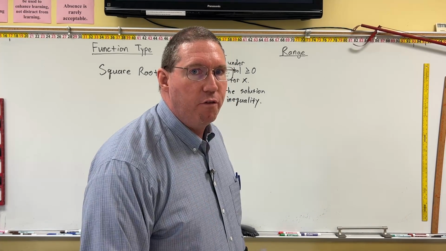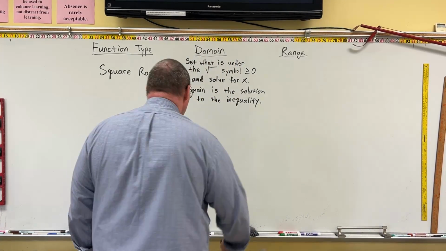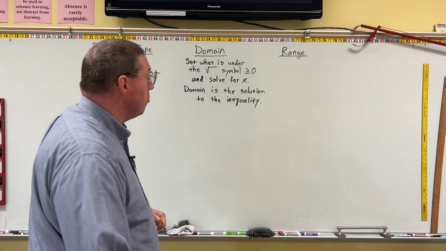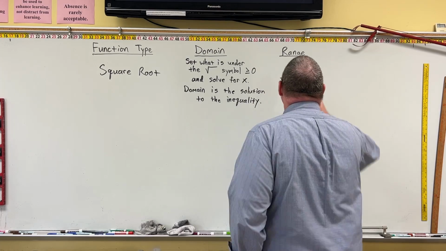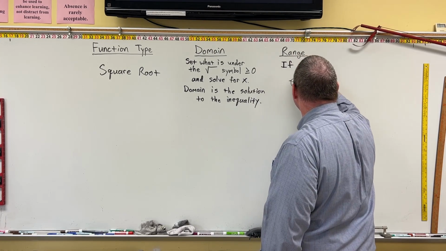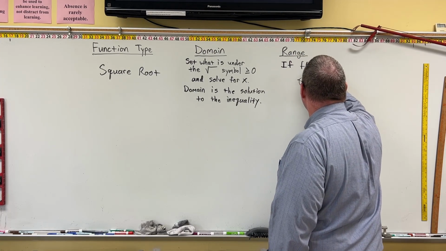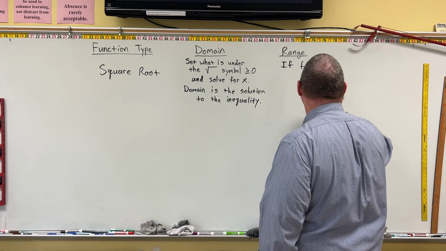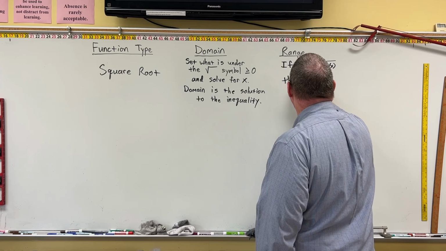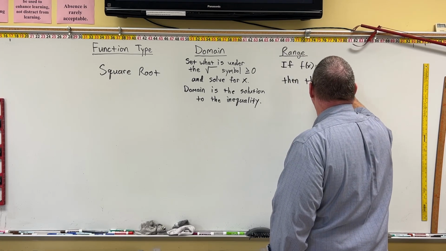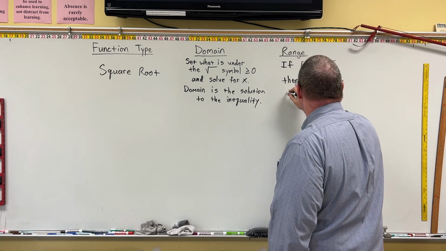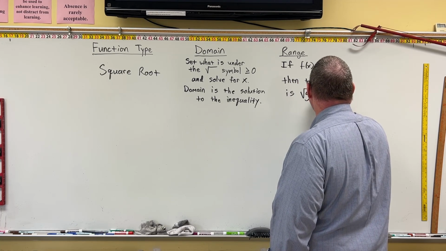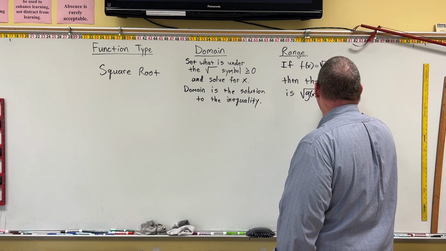just like an absolute value function. And this is one of the reasons why we're including square root in the same video with absolute value. So if f of x is equal to the square root of g of x, then the range is: the square root of g of x has to be greater than or equal to 0.